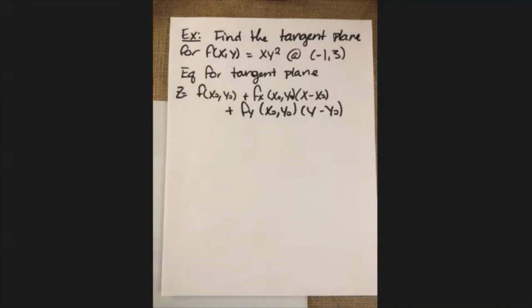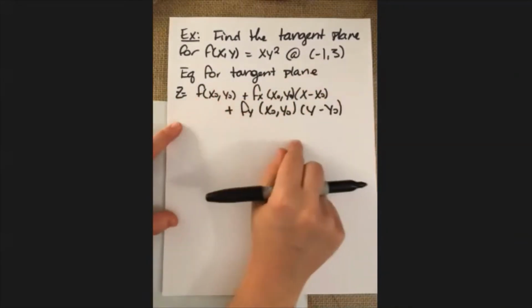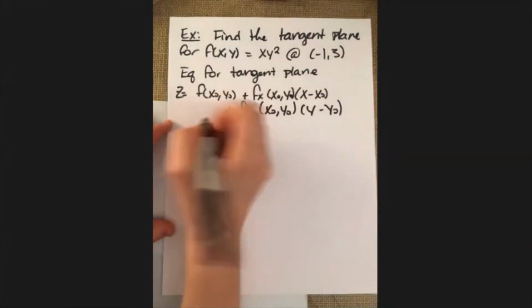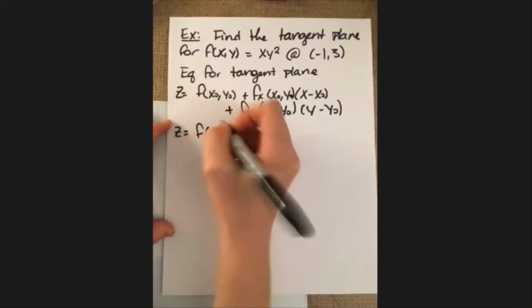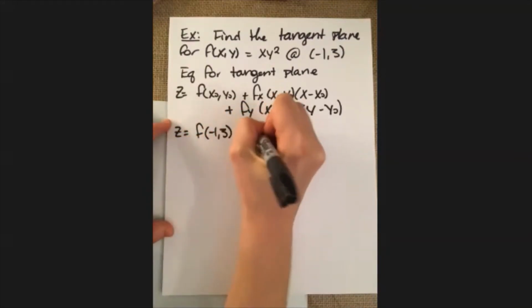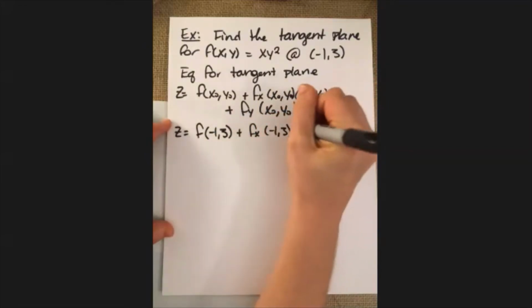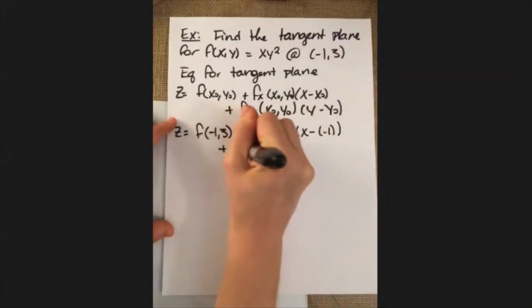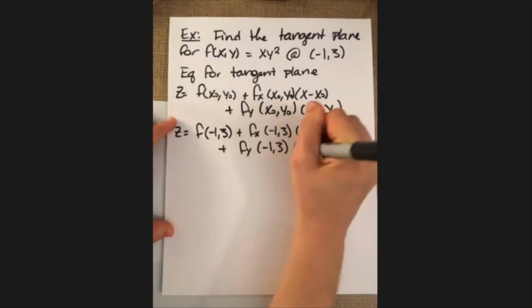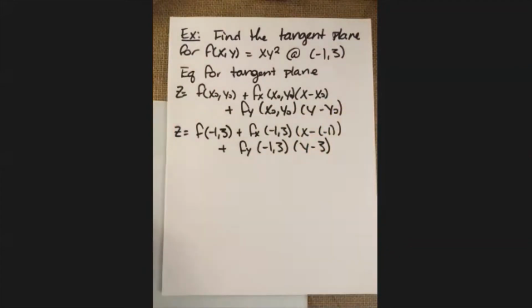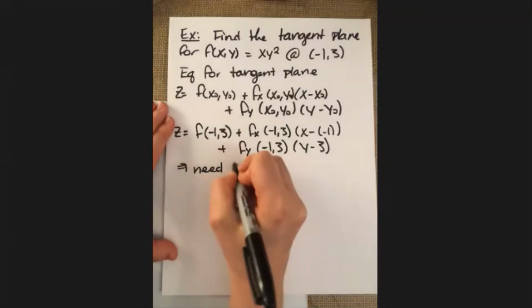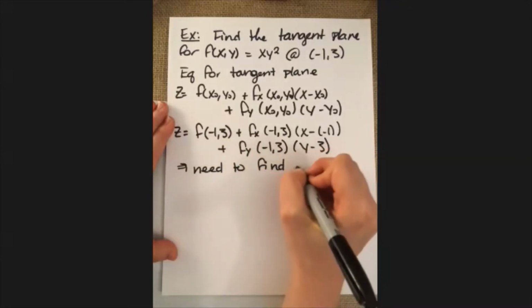Okay, so if I plug in this information for my x naught, y naught, because that's where we're interested in the tangent plane being, we're going to get z equals f at -1, 3 plus f sub x at -1, 3 times x minus -1, and then plus f sub y at -1, 3 times y minus 3. Okay, so now at this point, all I have to do is find my partial derivatives and then plug in the values we have.